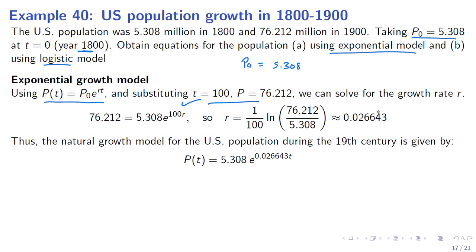So this is something like 0.026643. Thus, if we use the natural growth model, or the exponential growth model, the population will be given by this model. You can see that our constant is a positive number, so we can expect the population to grow exponentially over time.